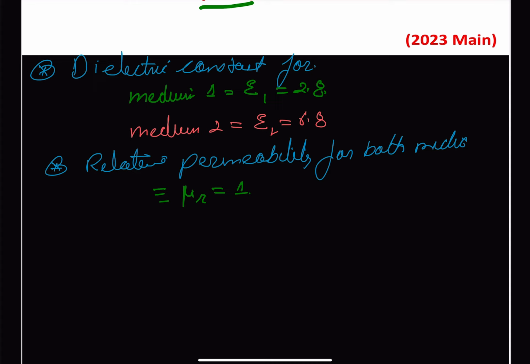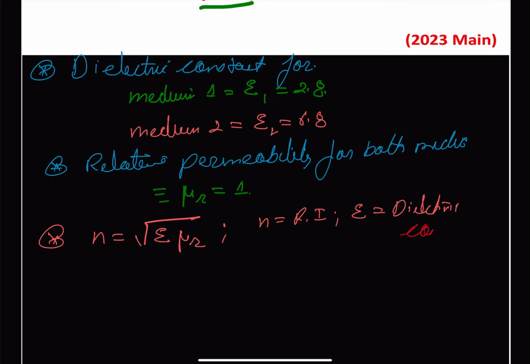So we have two mediums, and we know the relationship that our n is equal to square root of epsilon multiplied by mu r. Okay. And here n is our refractive index, and epsilon is our dielectric constant, and mu r we know is our relative permeability.